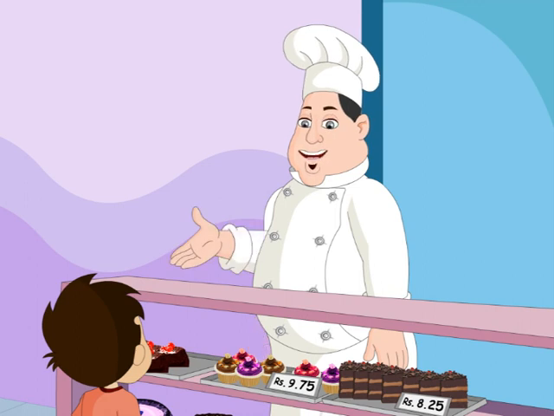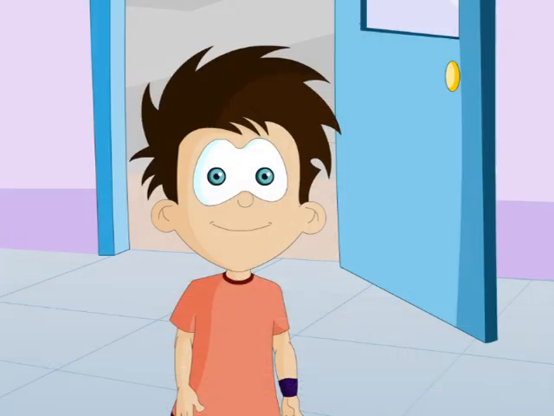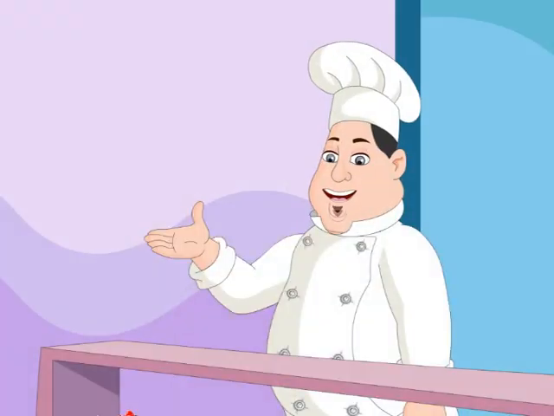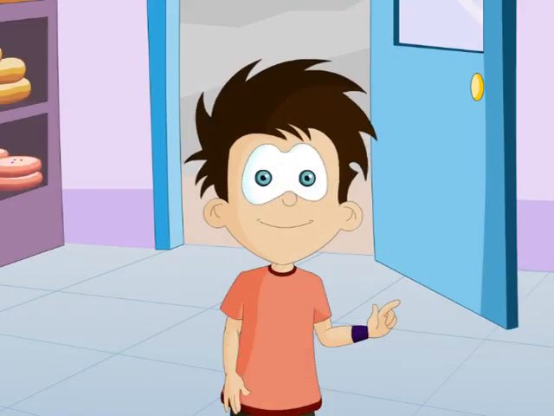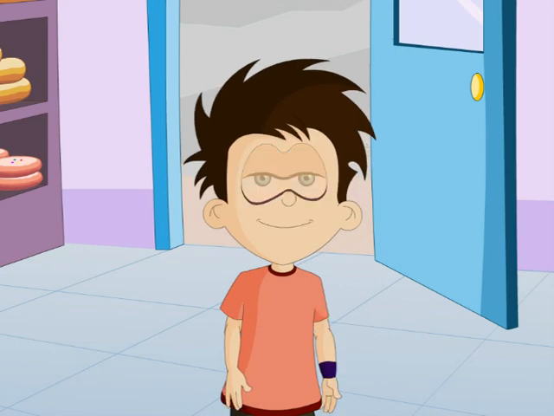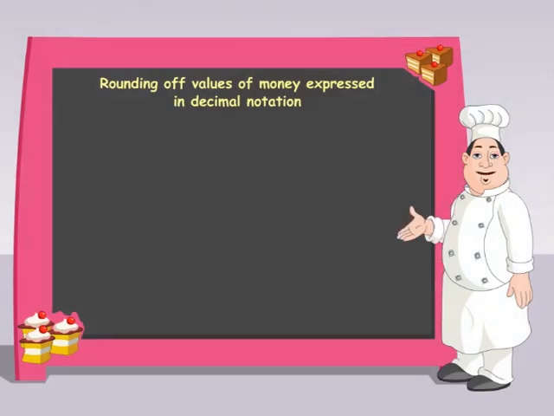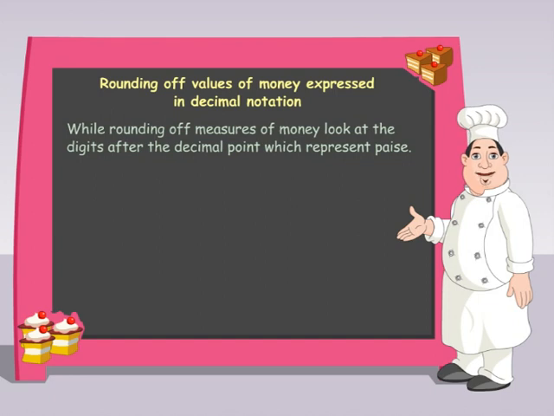Did you understand that, JC? Yes, I did. Come on, quickly round off the price of each item you want to the nearest ones and add it up. Uh, how do I do that? It's simple. While rounding off measures of money, look at the digits after the decimal point, which represent paise.